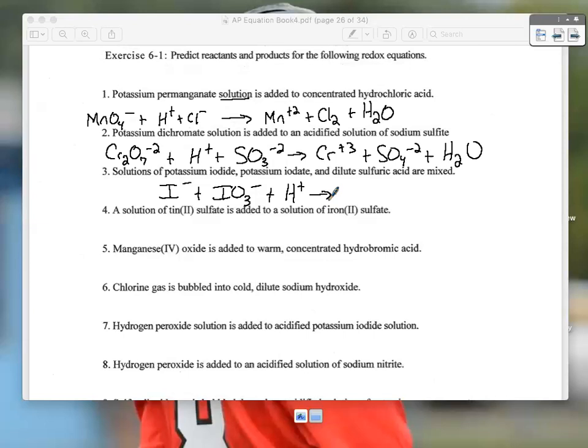So we talked about this earlier. The ide one's easy. It goes to I2. Halides go to halogens. That's pretty common to see all the time. But what do the 8s go to? Well, you're going to find they do the same thing. They go to halogens as well. So as we see these, you'll become more familiar with them.